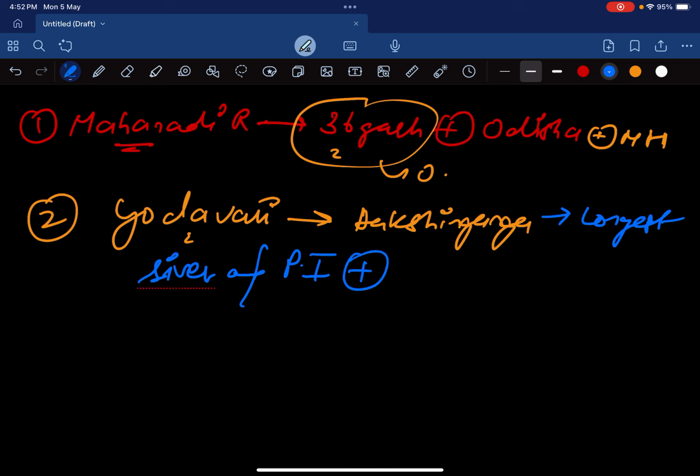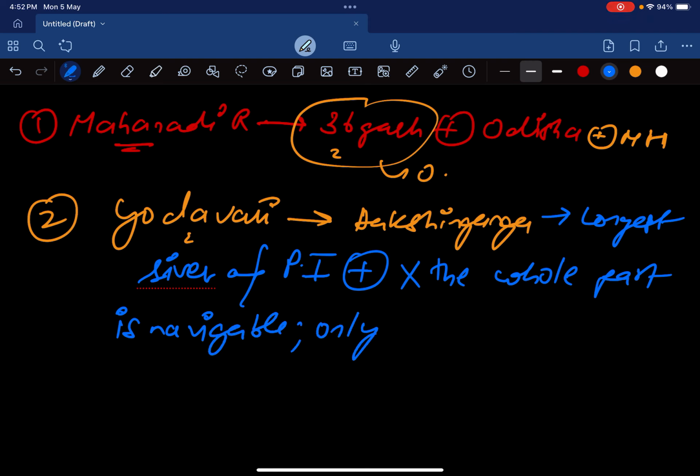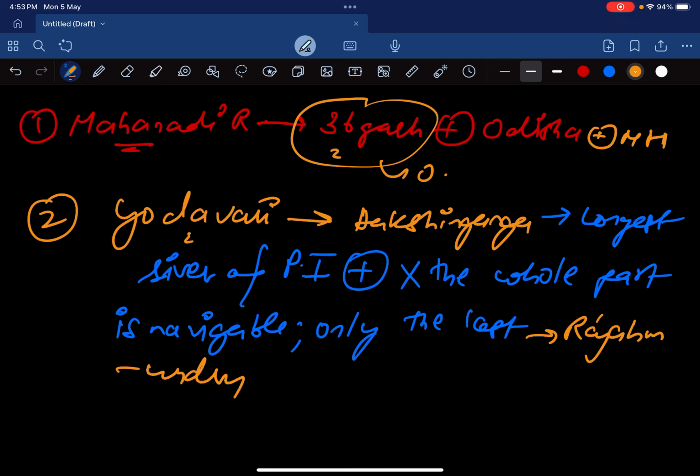Plus the entire river is not navigable, as in कि आप पूरी नदी में अपनी शिप या बोट को लेके नहीं जा सकते, only the last part and the deltaic region of Rajamundry, Andhra Pradesh, only that part is navigable, यानी कि आप बोट्स वगैरह वहाँ पे यूज़ कर सकते हो, या फिर छोटी फेरीज आप यूज़ कर सकते हो, right?